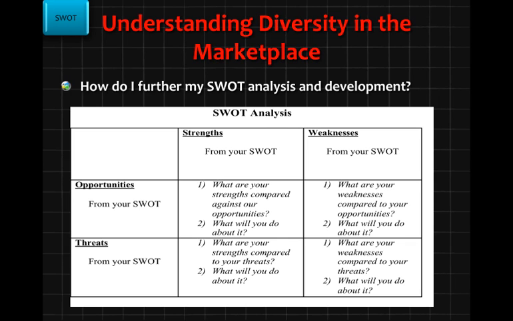Or our weaknesses against our opportunities, our strengths against our threats, and our weaknesses against our threats. This is where we analyze the data to give us even more insight and depth into how we develop a strategy. And we have to answer these questions honestly in the SWOT in order to get a good, clean analysis, and then be able to eventually develop our diversity programs and implement our plan.